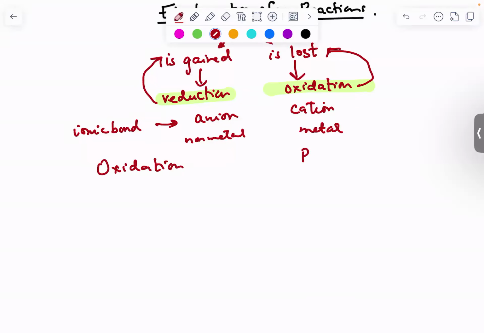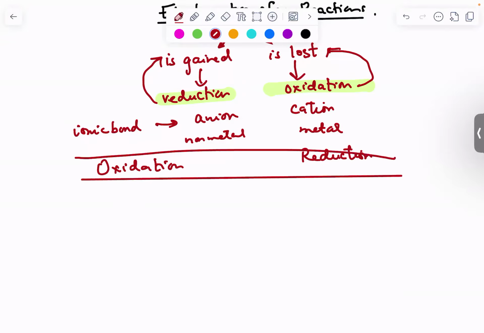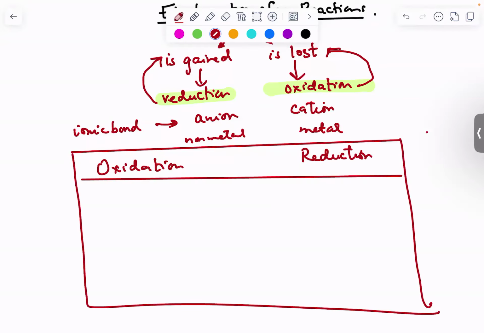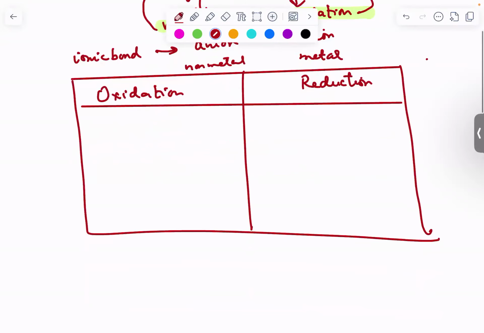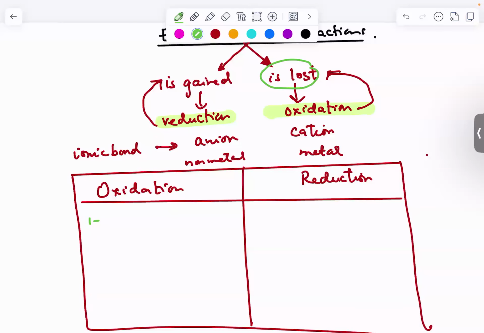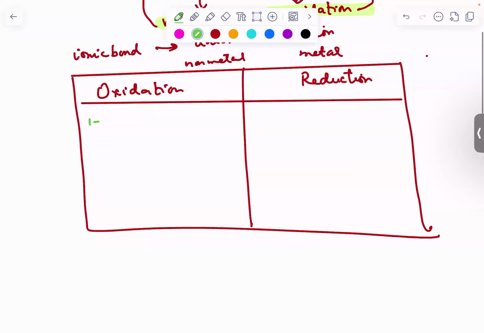Oxidation and reduction. As I told you earlier, there are three, four definitions which we need to follow for oxidation and reduction, and which help us a lot in understanding them. Number one, the very first definition which we have done, is that oxidation is the loss of electron.